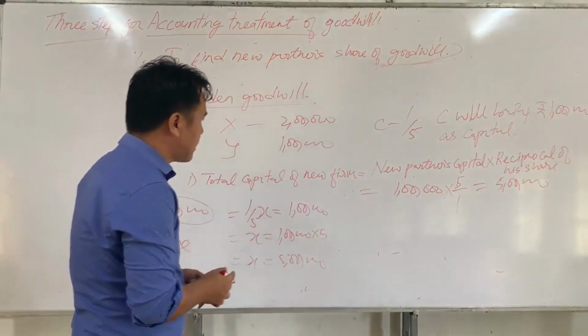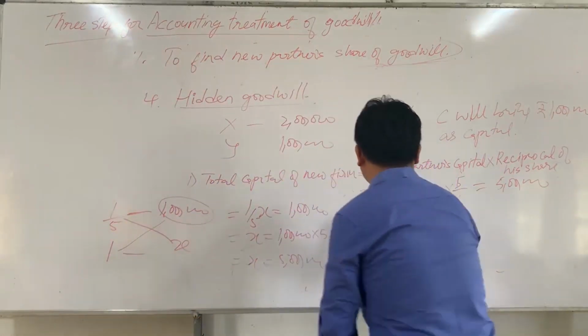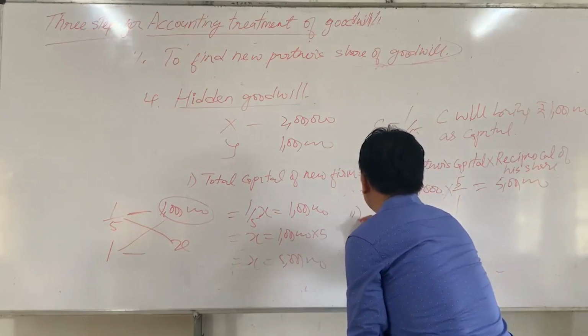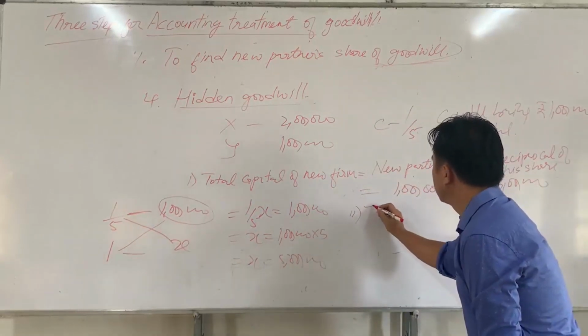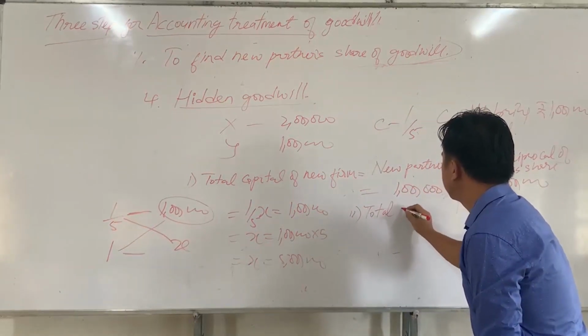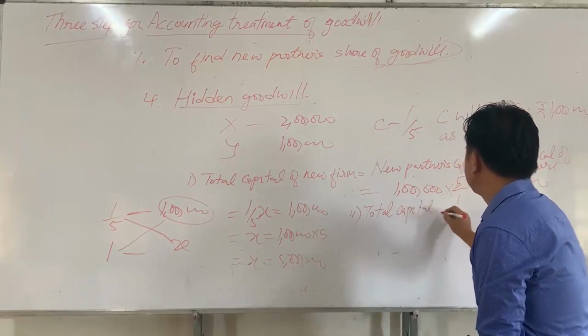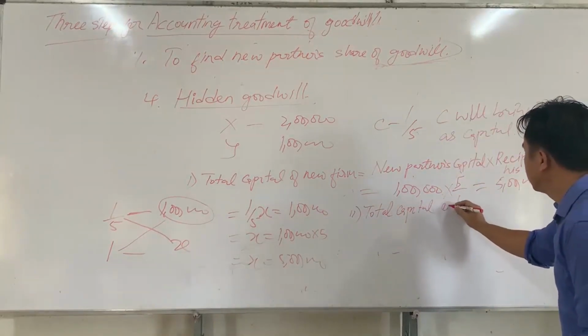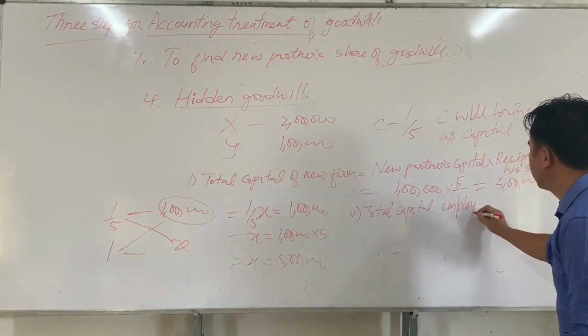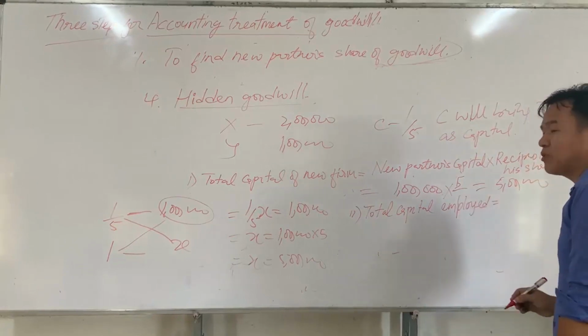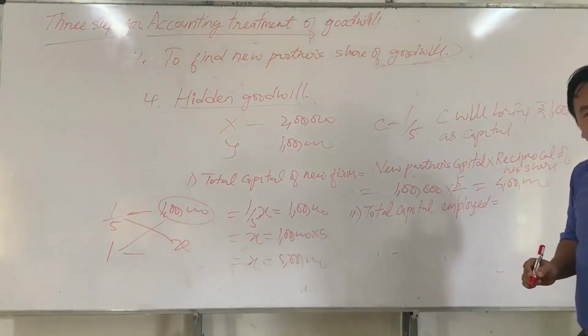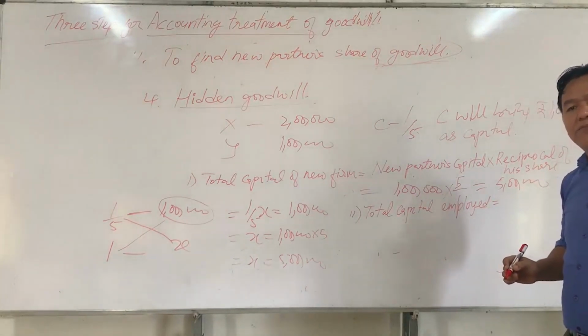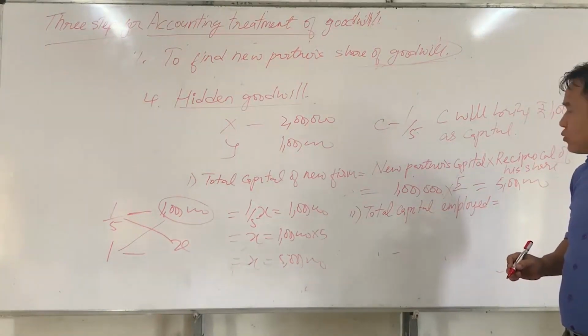Okay? Now the second step is total capital employed. Total capital employed means the total capital invested by all the partners, including the new partner.